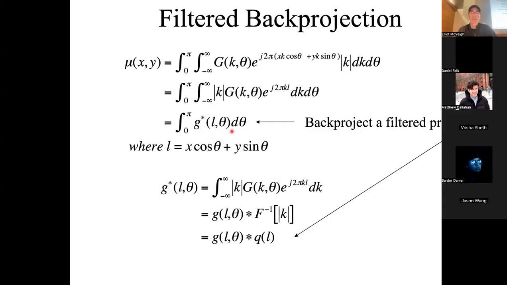And this final integral that we're doing to achieve this inverse Fourier transform is basically just a back projection, that naive back projection of these g star L thetas. Right? So we've got GL theta, G star L thetas, and for every theta, we're just adding them up, which is what we did for the naive back projection, except we're now doing it with this function and not GL theta, right? Do I have that?